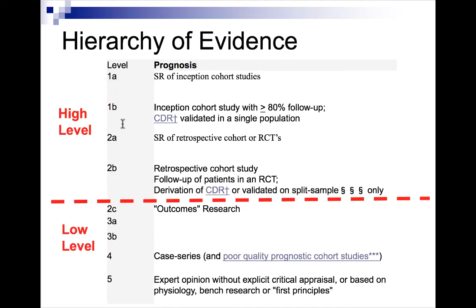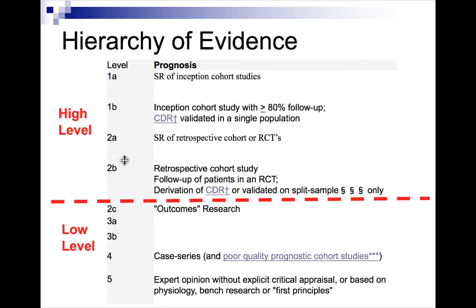Essentially the hierarchy tells us to rank studies from 1 to 5, where 1 is high and 5 is low, and to pay attention to certain study features that make them more trustworthy or not.